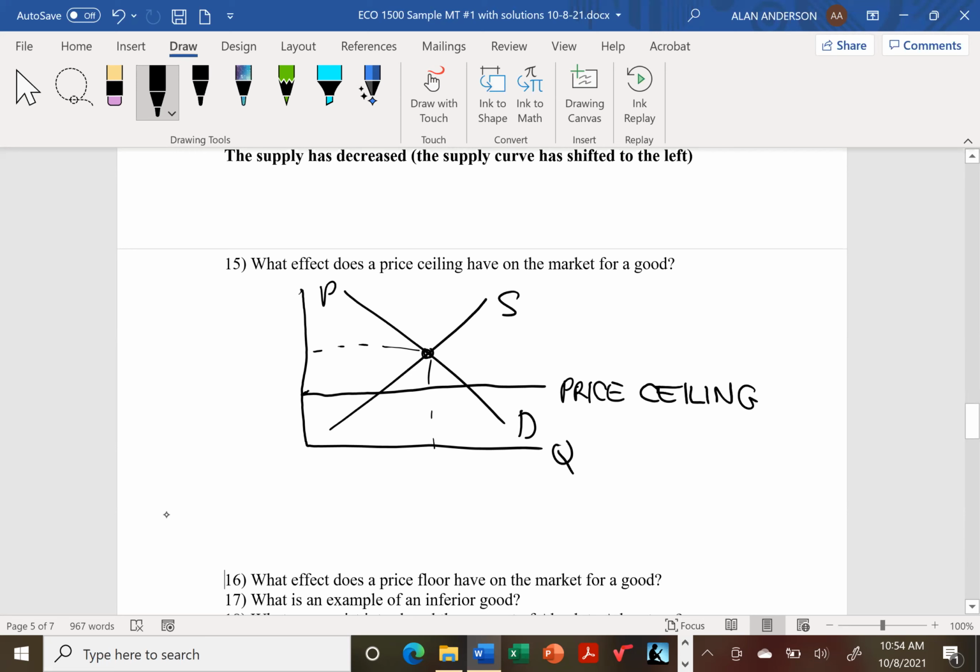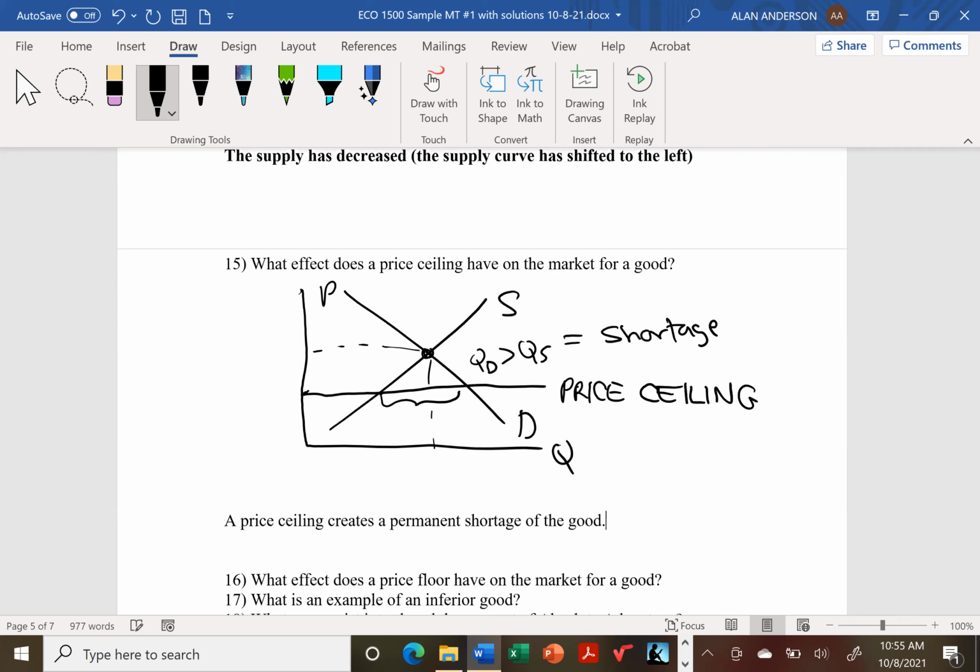And so you see what's happening at this low price: the quantity demanded is greater than the quantity supplied, which is a shortage. So the effect of a price ceiling is to create a permanent shortage of the good.